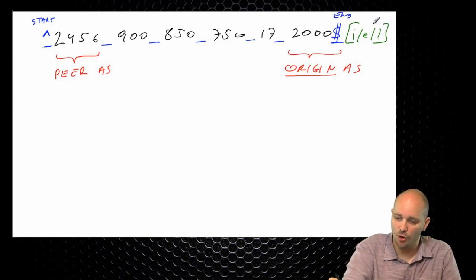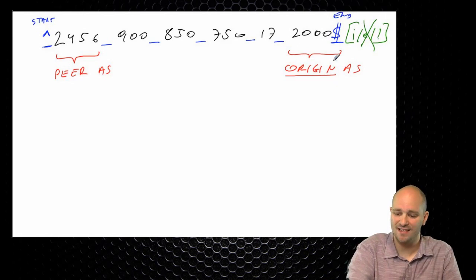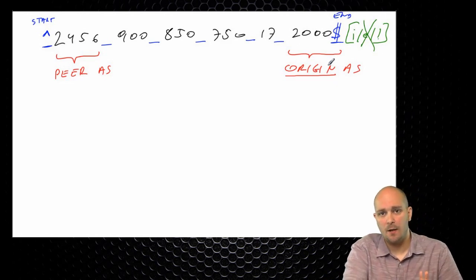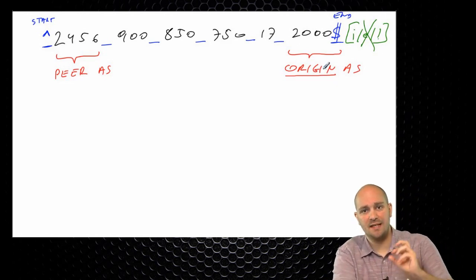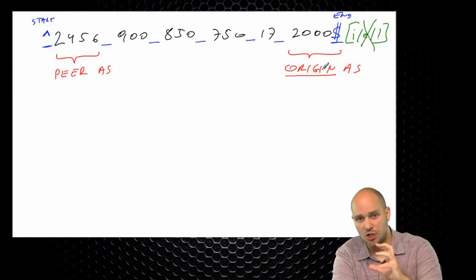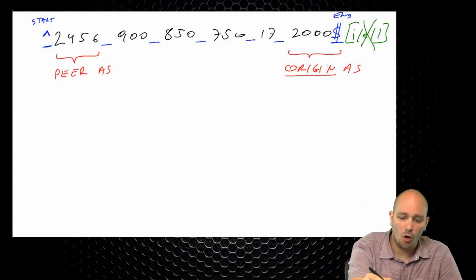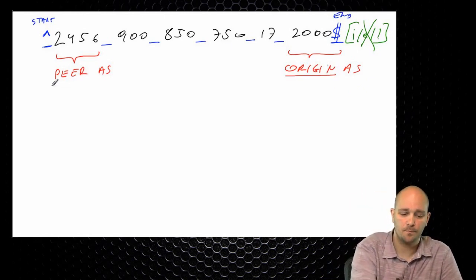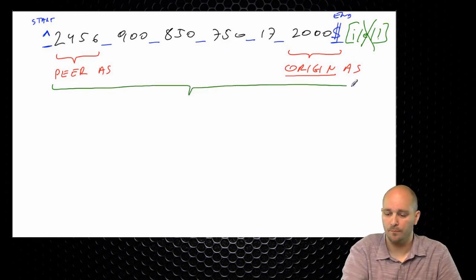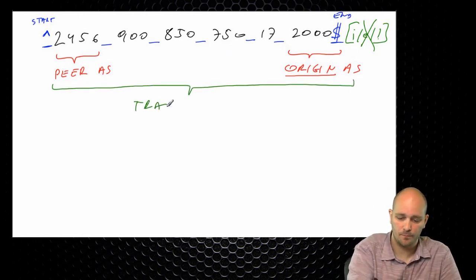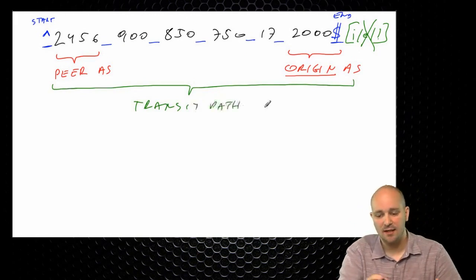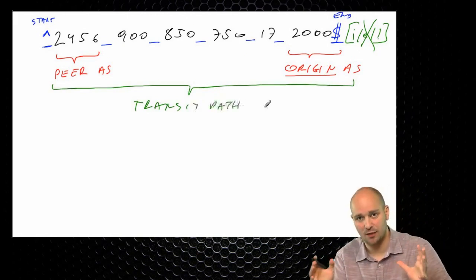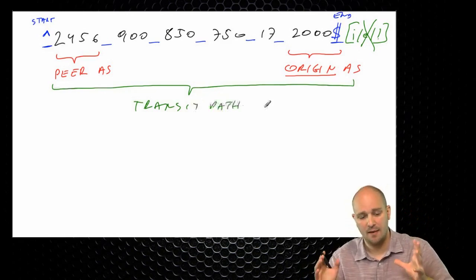So this is not the origin that I mean. The origin, as in in which autonomous system this prefix was actually injected into BGP. And all together these mark up the transit path. So this is the transit path that this prefix that has this AS path list has.